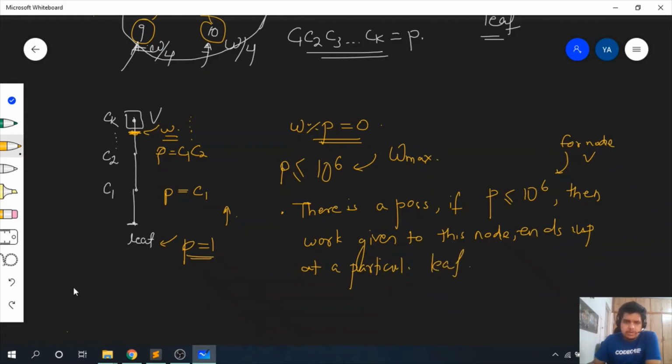Okay, so this can be easily calculated in n log n. Now let us move to seeing how we can actually calculate the work done.